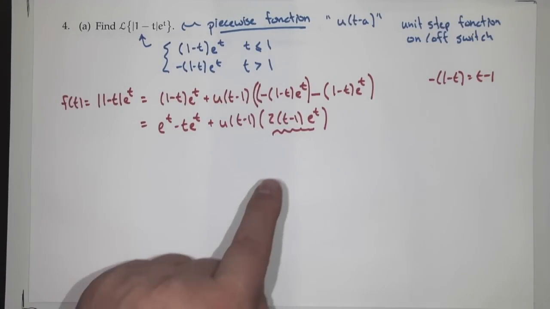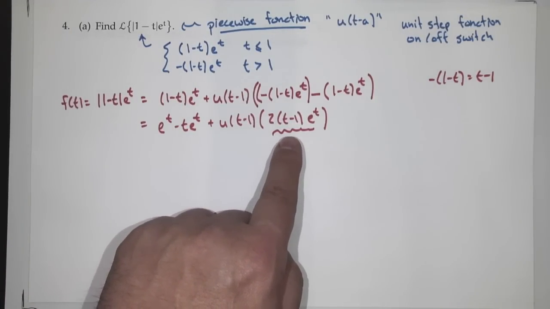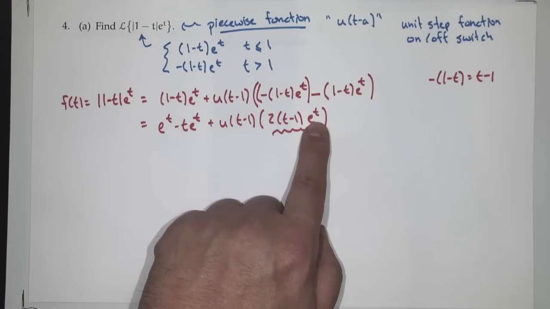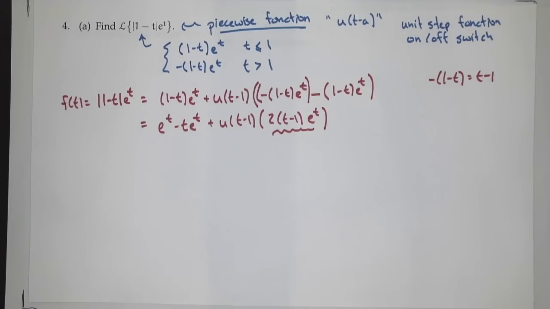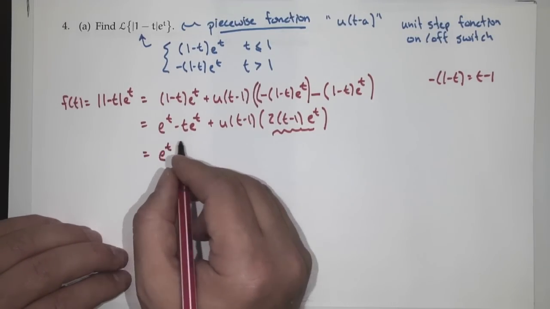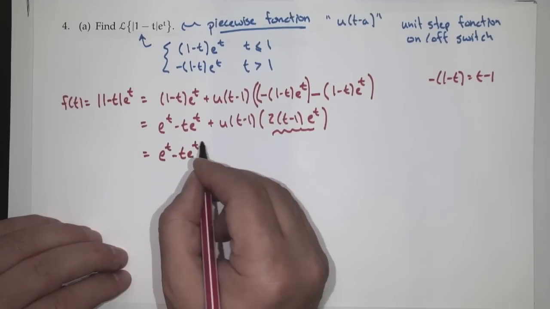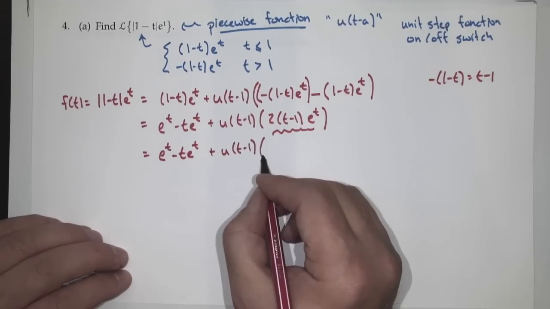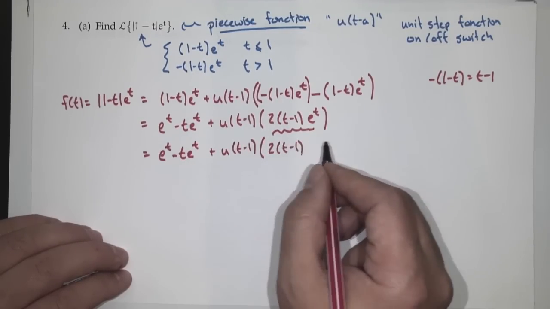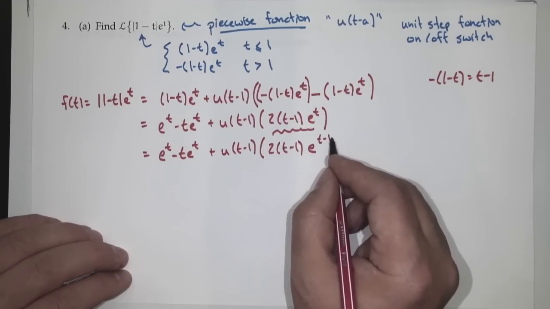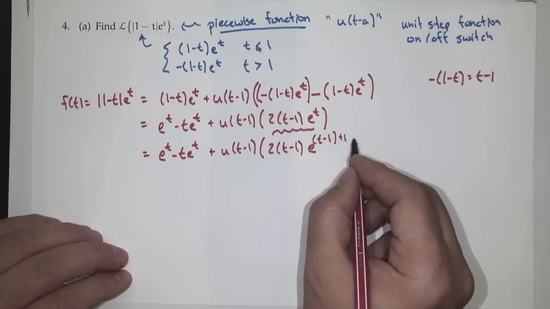Well, that looks like a t minus 1 because it is, but there's a t there which doesn't. So how do we fix that? And we have to fix it, by the way. Well, the answer is you add and subtract 1. So it's t minus 1 plus 1.